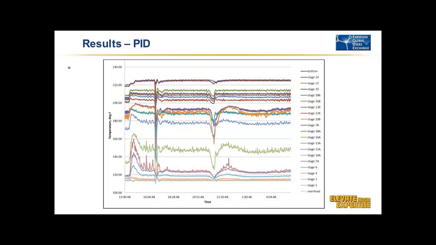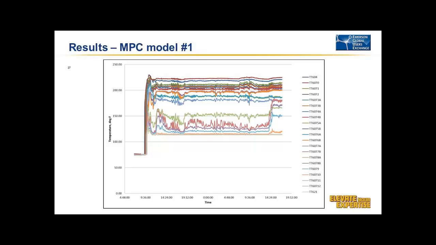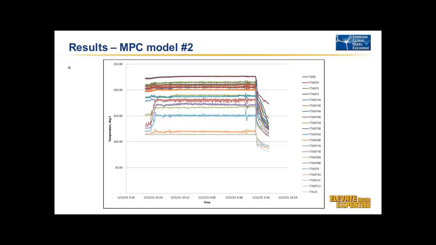So we implemented MPC. This was our first model. It is sort of steady. You can see the temperatures at the top of the column. But we made a few changes in the model. And so the results, I mean, just speak for themselves of how much steadier they are compared to the PID.